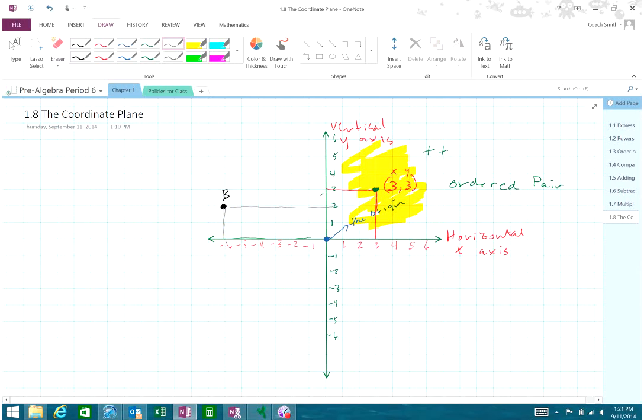Okay, so the coordinates then, -6 and 2. That would be the coordinates of point B.